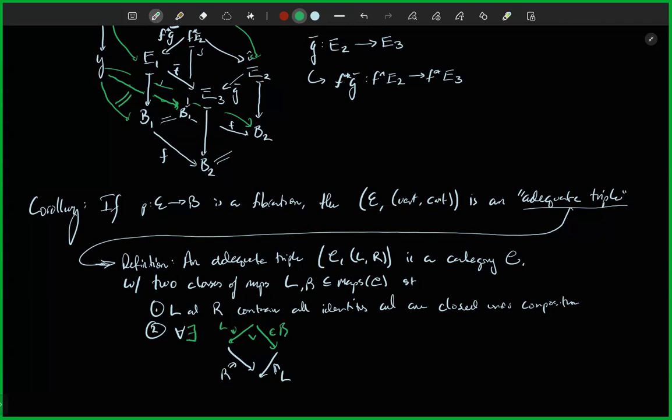And furthermore, another thing to say is that if we have a pullback in L, in R, so this is any pullback whatsoever, not just the one that we asked would exist, and I call these two P1 and P2, then P1 is in R. Oh, I did it again.